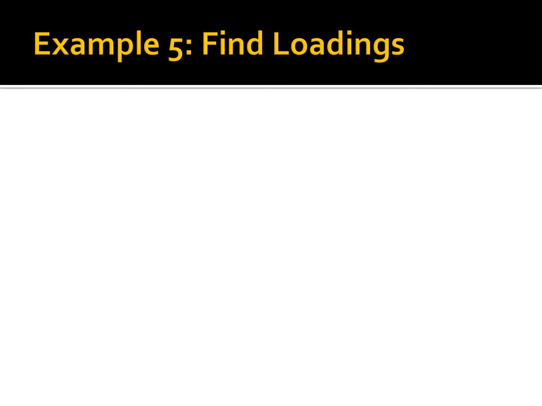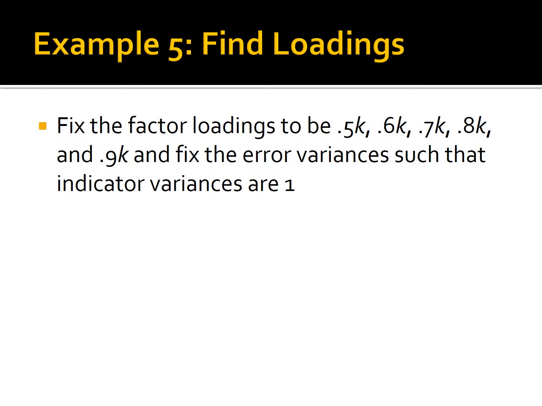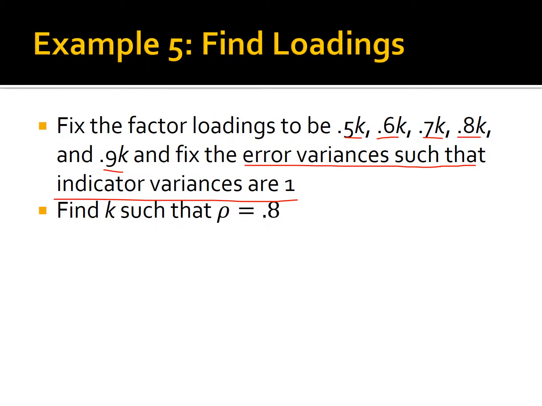So for the fifth example, let's say I would like to find the factor loadings, and I specify the factor loadings to be 0.5k, 0.6k, sorry, 0.7k, 0.8k, and 0.9k. And then I would like to fix the error variance such that the indicator variances are 1. And then I would like to find k such that the reliability is 0.8.